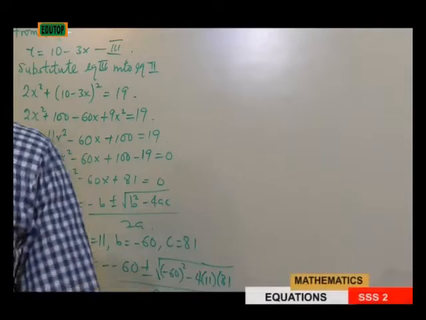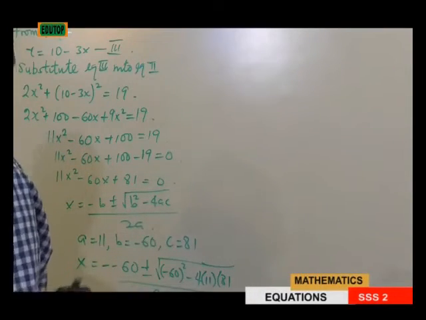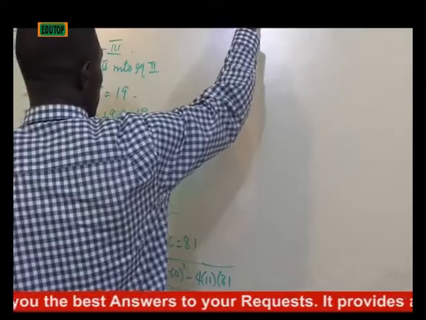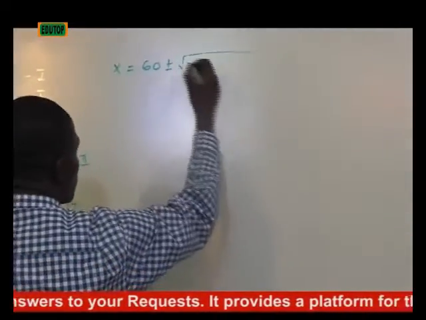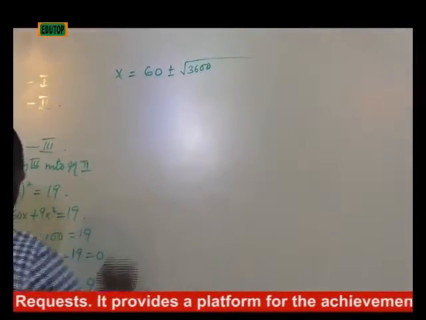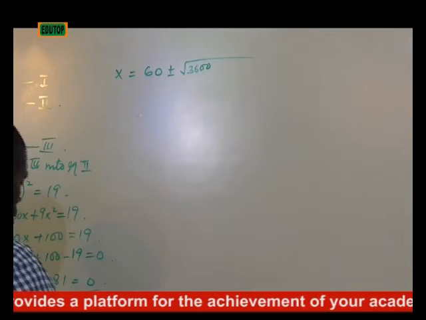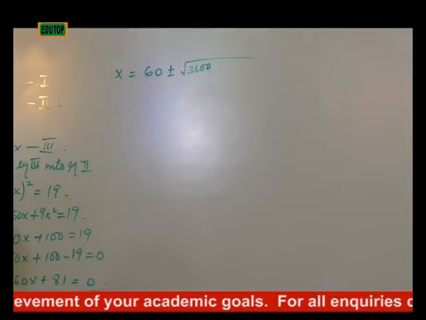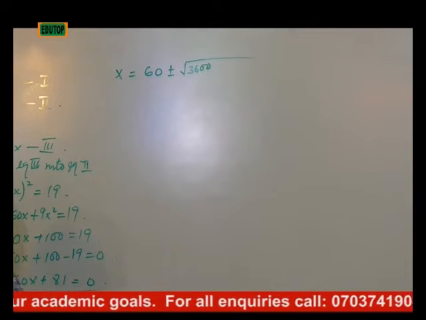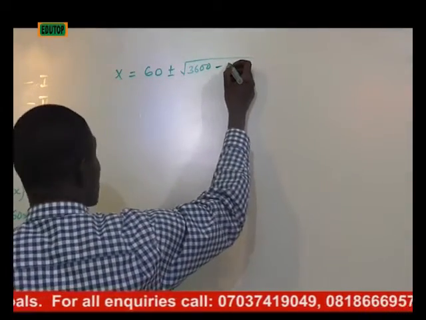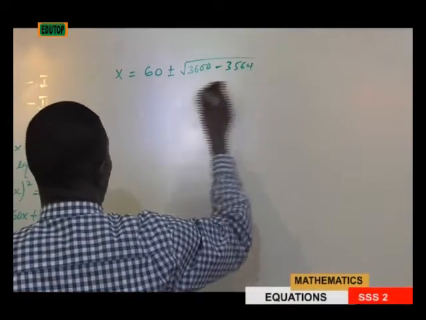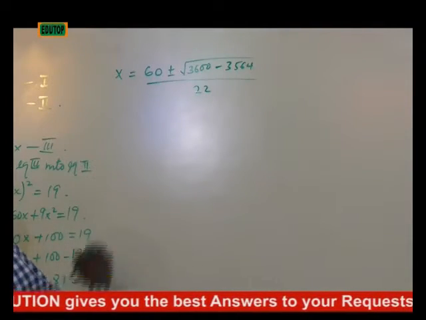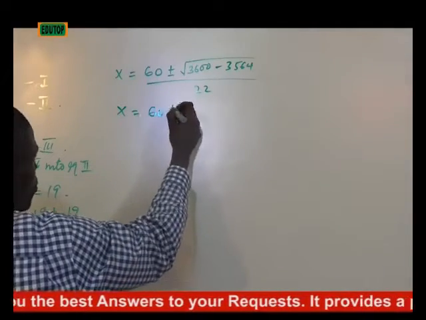Then we can resolve this by using our calculator, where x is equal to 60, that's plus 60 now, plus or minus square root of 3,600 minus 4 times 11, that's 44, times 81, which is 3,564, all divided by 22.